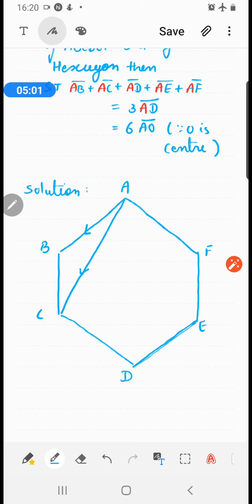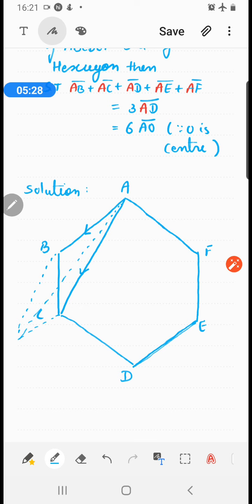Now my first question is, can they form a parallelogram? You might say no, but yes, they can form a parallelogram if I draw sides parallel to these. I can see a parallelogram is constructed out of it. But the resultant of this, that is the diagonal of this parallelogram, is not AD, because I want AD in the answer.